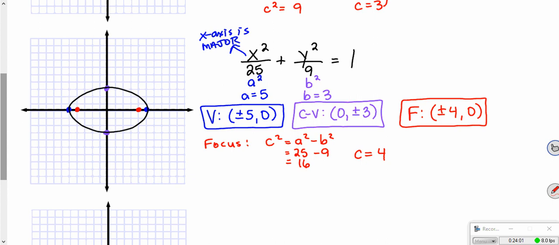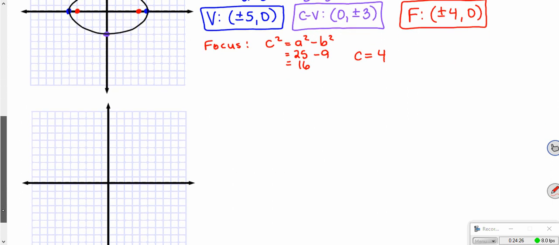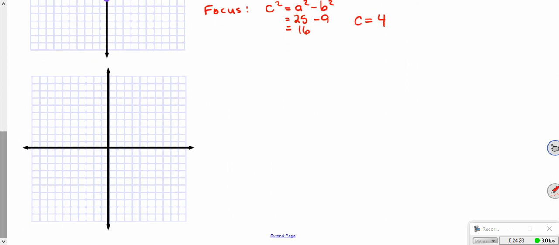I will say, and you can probably see this, that the skinnier the ellipse, the closer the foci are to the vertices. The more circular the ellipse, the closer the foci are to the center. Anyway, for what it's worth. Okay, moving right along. Hope that was okay.